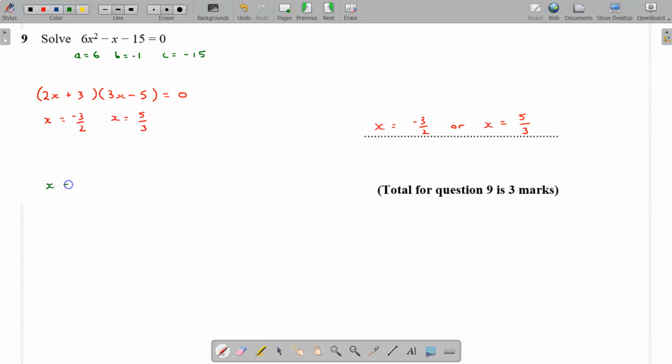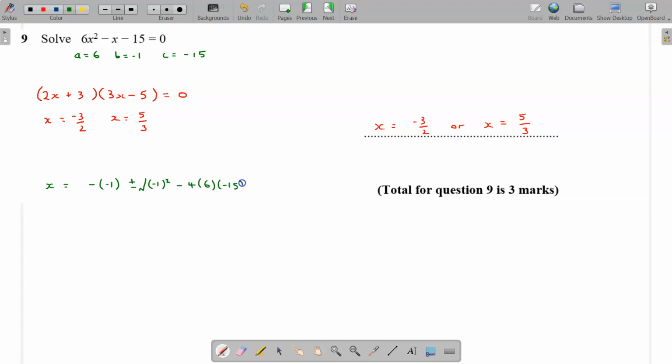x equals minus b, which is minus of negative 1, which is actually plus 1, plus or minus the square root of b squared, which is negative 1 squared, minus 4 times 6 times negative 15.